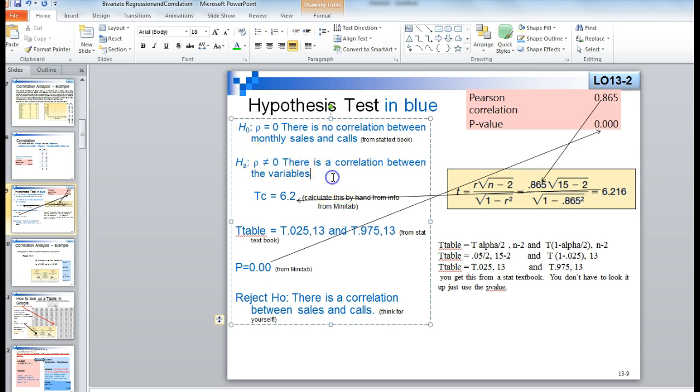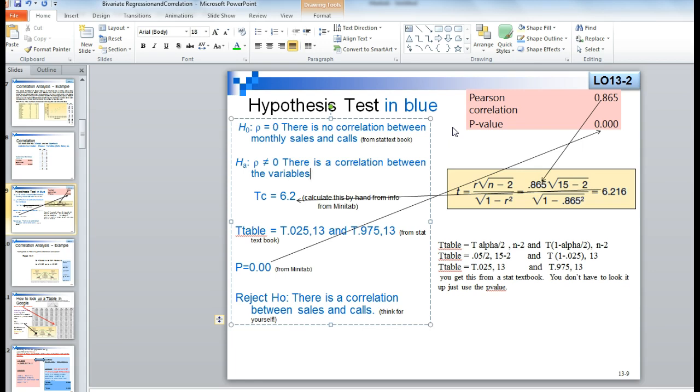There is a correlation. I have a computed test statistic from this formula. Minitab does not print out this test statistic for us, so we actually have to calculate it by hand.